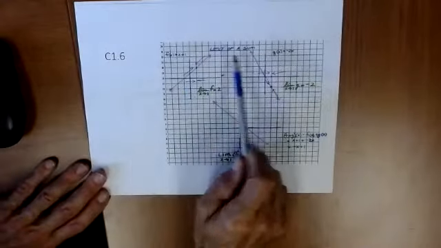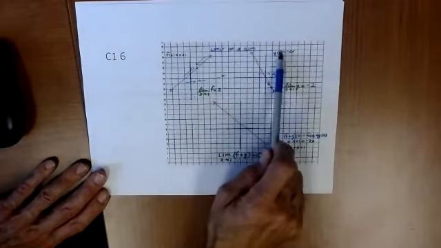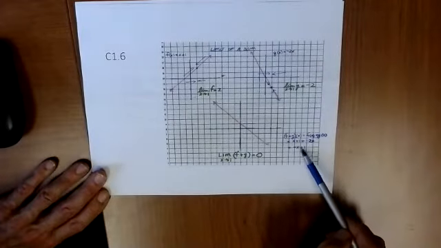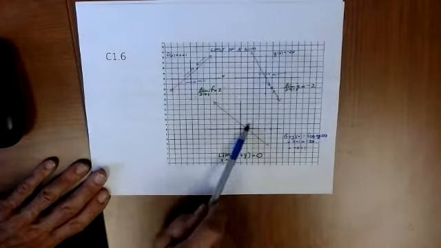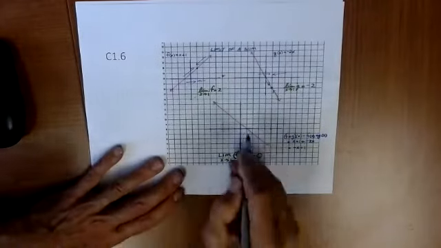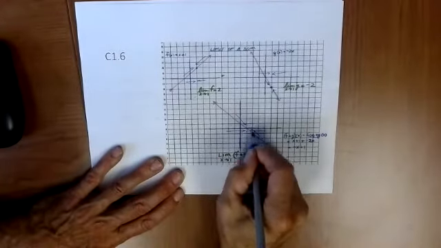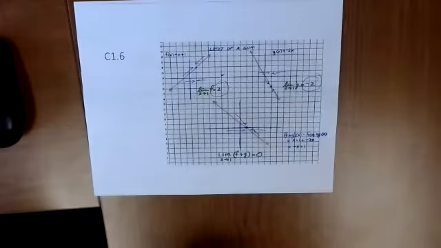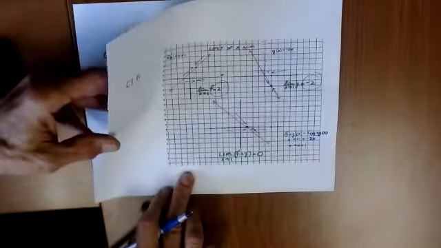Well, when you add these 2 functions together, negative 2x plus x plus 1, there's the sum. Negative 2x plus x plus 1 is negative x plus 1. Here is that sum. And as you approach 1, what does the function approach? 0, which is 2 plus negative 2. Pretty cool demonstration that that one does indeed work.